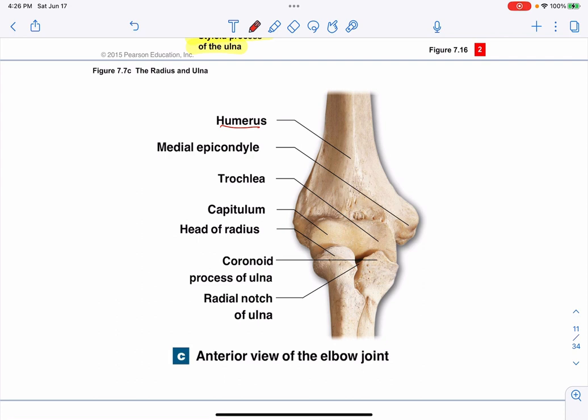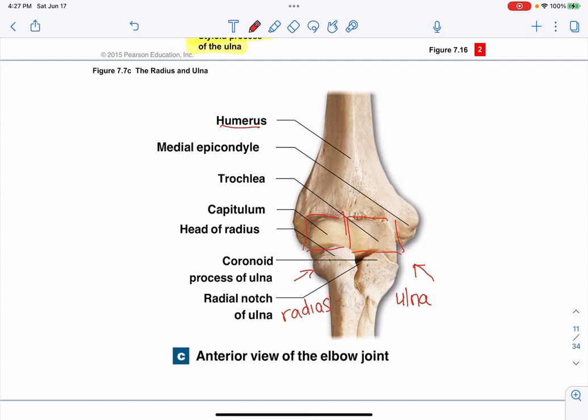Here is the trochlear region here. Here is the capitulum region here, and you can see how these two areas articulate with the ulna. So the ulna is here and the radius is here. This is the head of the radius, and here is the ulna.